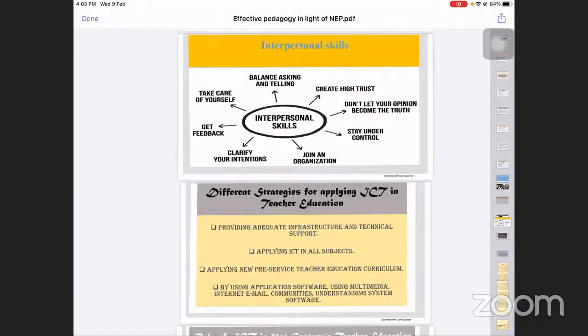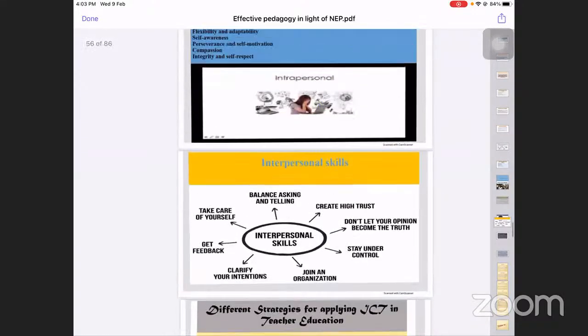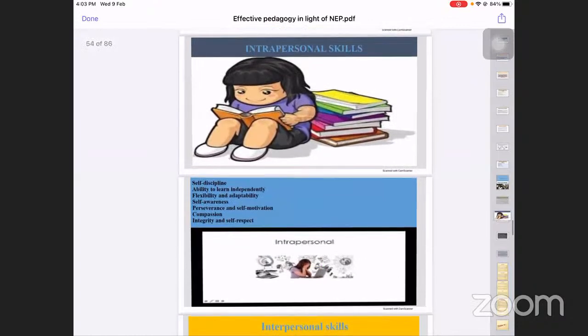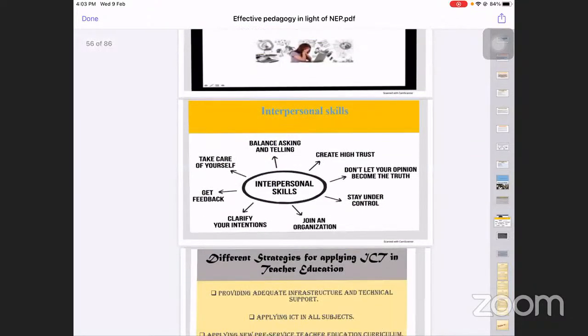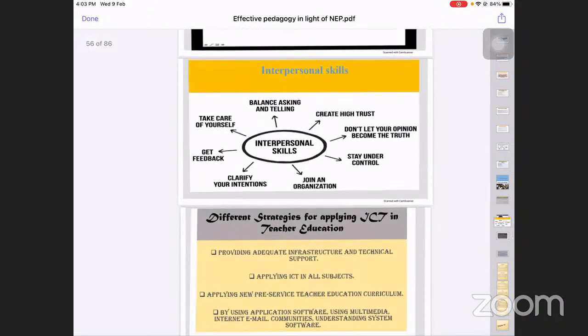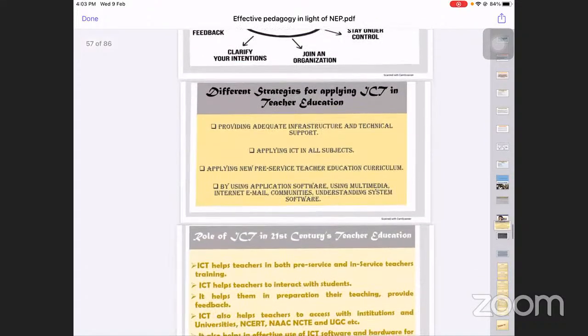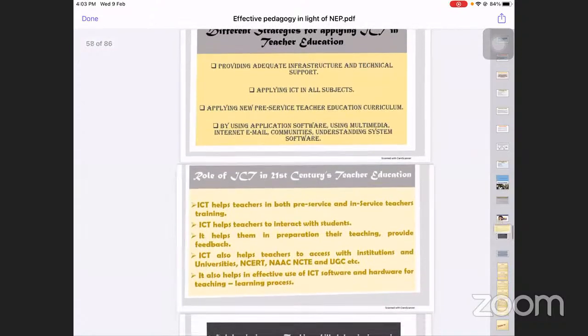These skills are also developed by ICT. Interpersonal and intrapersonal are two kinds of skills: intrapersonal is within the individual, and interpersonal is among the students. These are different strategies for applying ICT in teacher education.